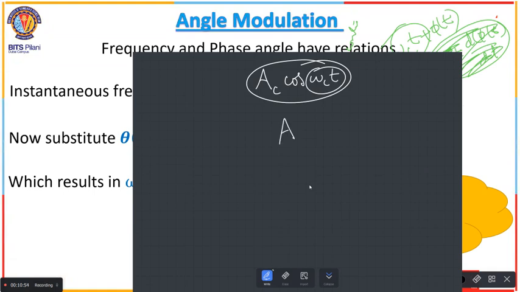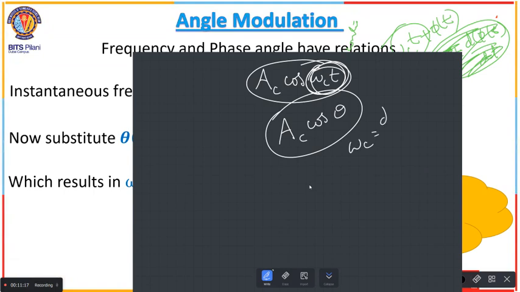Actually, it is AC cos of theta, because the entire argument of the cosine is theta. We are writing in terms of frequency with respect to time, but actually it is AC cos theta. Now what is omega c in this?